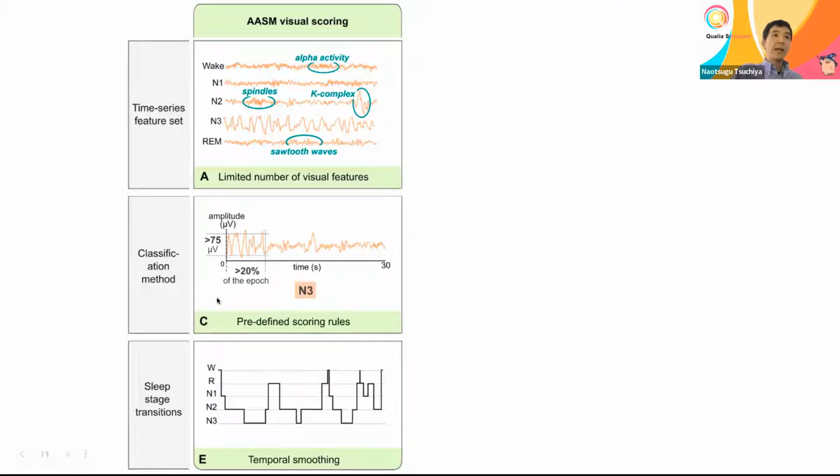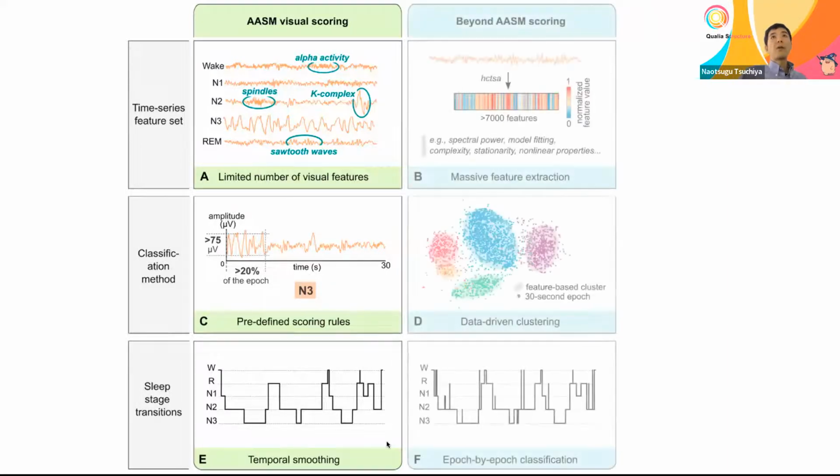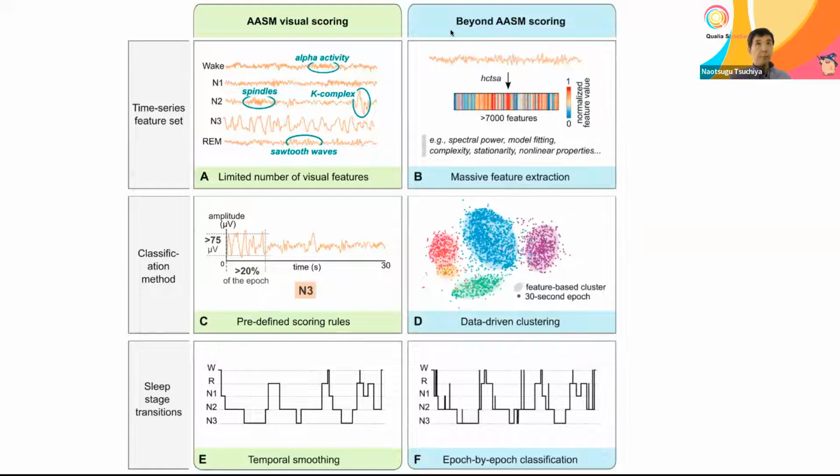But anyway, the classification method can use some kind of magnitude or proportion information as well, and the sleep stage is eventually defined in a subjective way. On the other hand, our scheme can take many different features that may not be visible to human eyes quickly.